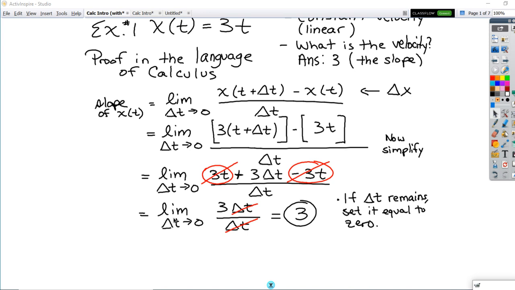Because in order to find the slope, or in many cases the equation which represents how the slope changes, what you're going to want to do is set delta t equal to 0 only once all the simplifications have been done.